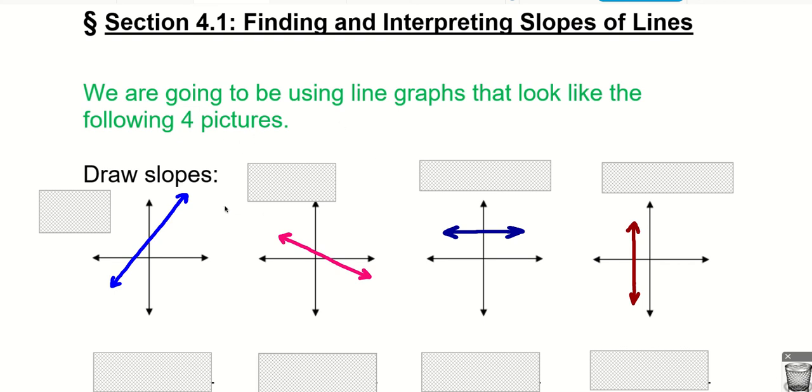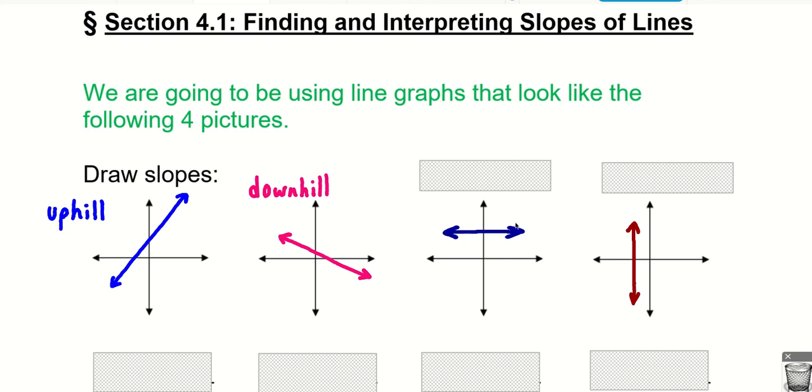The first little note here is saying that we are going to be using line graphs that look like the following 4 pictures. So draw this line and then something like this. Probably should reveal these sooner rather than later. This is essentially an uphill line. This is essentially a downhill line.